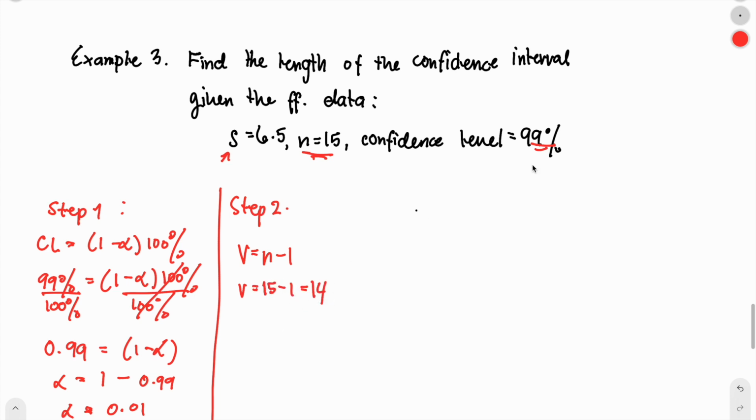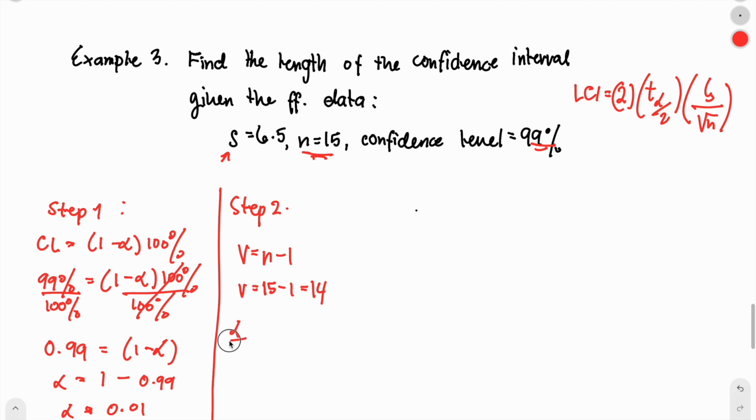Then, instead of using the z, we have what? LCI is equal to 2 times t sub alpha over 2 times s over square root of n.